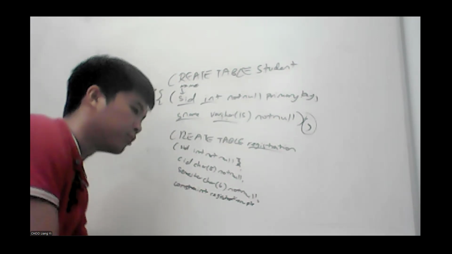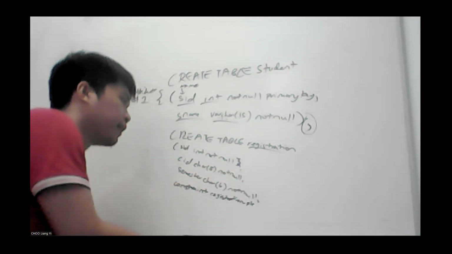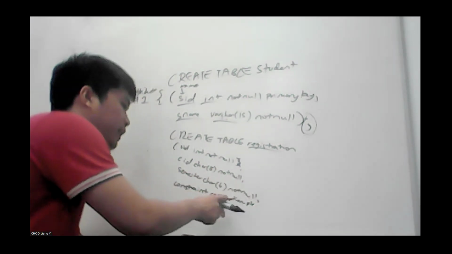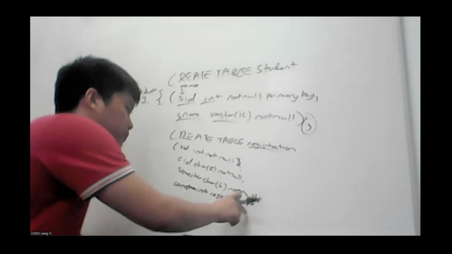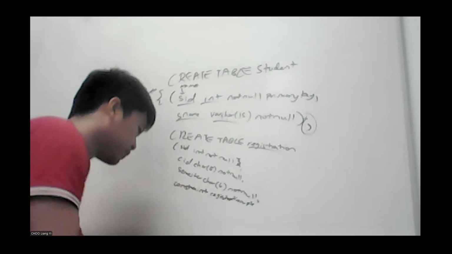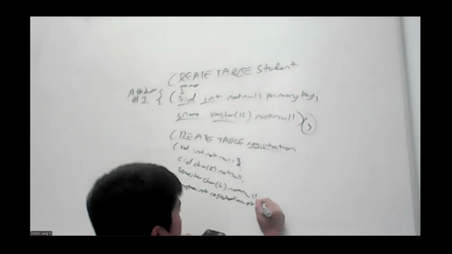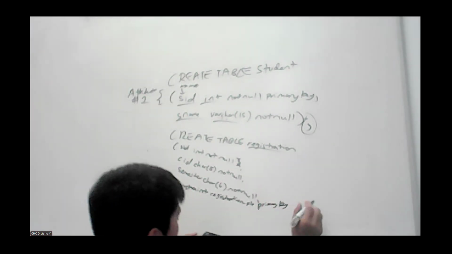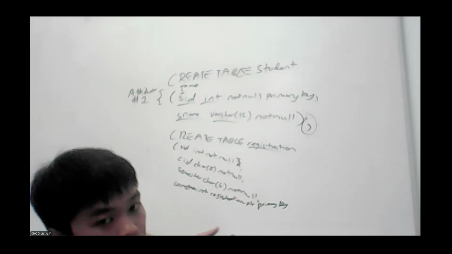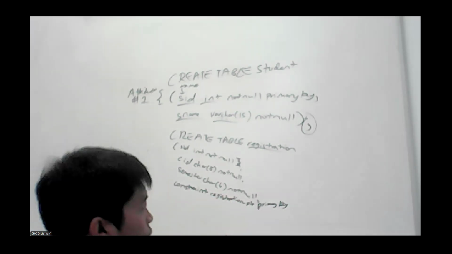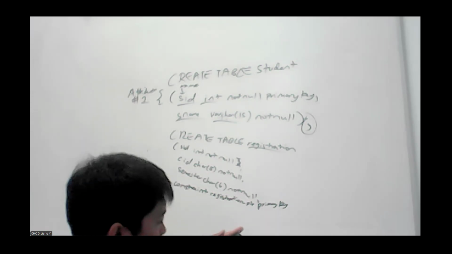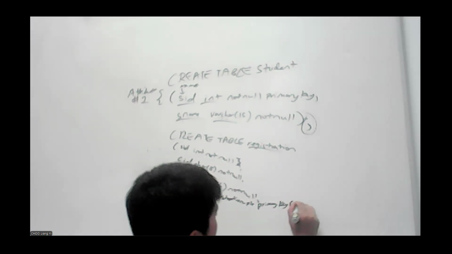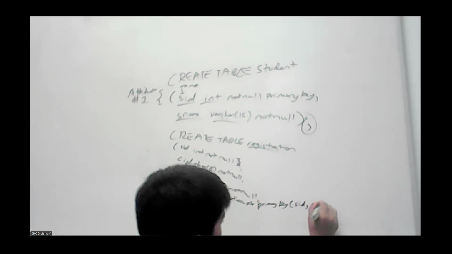Normally when you name the constraint of the primary key, you follow this: underscore, table name, PK. PK stands for primary key. And then one more keyword, primary key. So what are the attributes or columns that are part of this composite primary key? It will be student ID, course ID.